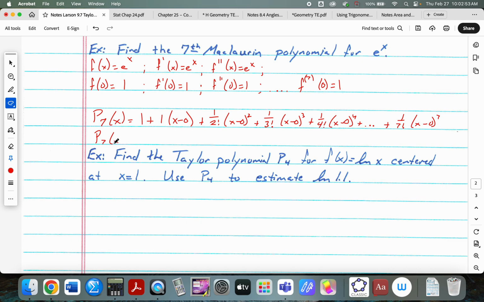So p sub 7 of x is equal to 1 plus x plus x squared over 2 factorial plus x cubed over 3 factorial plus x to the 4th over 4 factorial plus x to the 5th over 5 factorial plus x to the 6th over 6 factorial plus x to the 7th over 7 factorial.